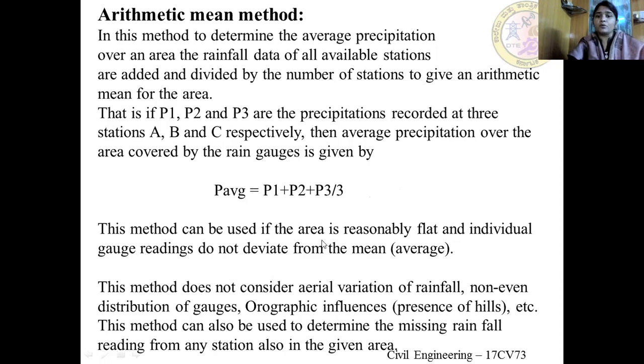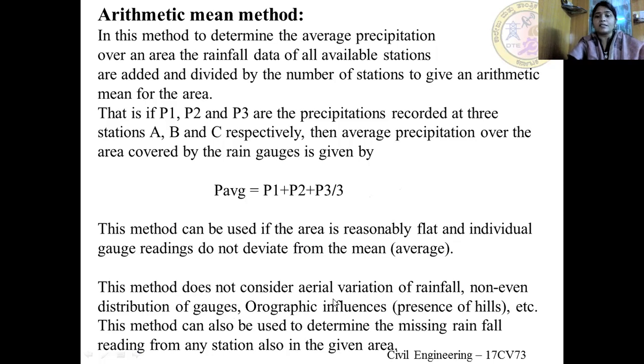This method can be used if the area is reasonably flat and individual gauge readings do not deviate from the mean, that is the average. So there is not much fluctuation over the entire area. There is uniform rainfall over the entire area and the area is plain, it is flat. Then we go in for this arithmetic mean method.